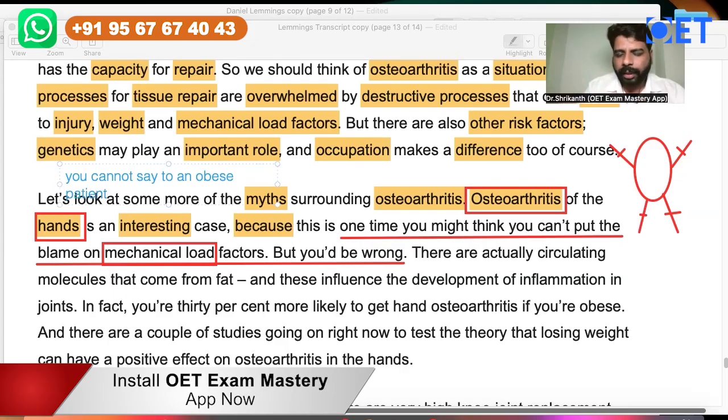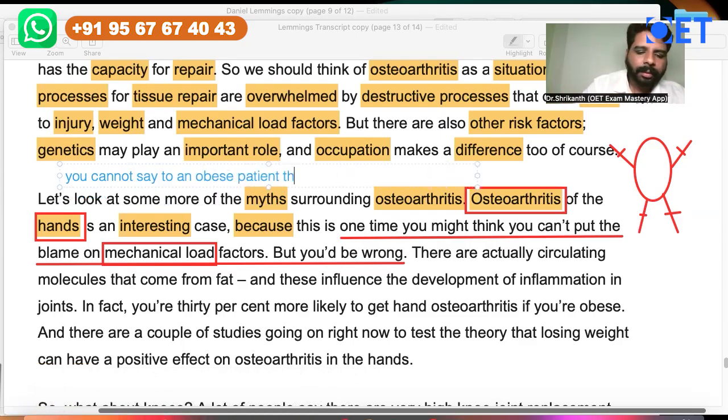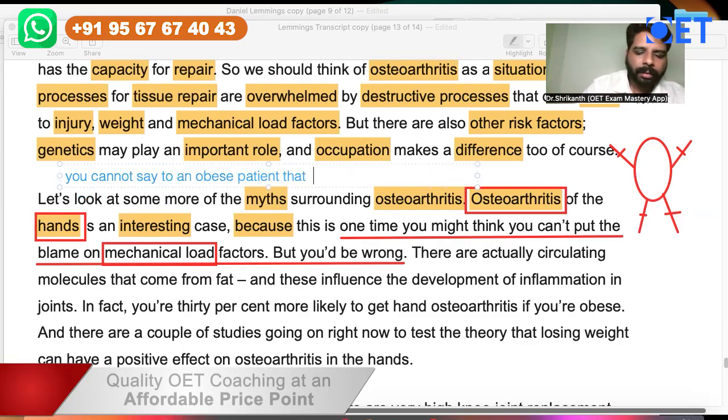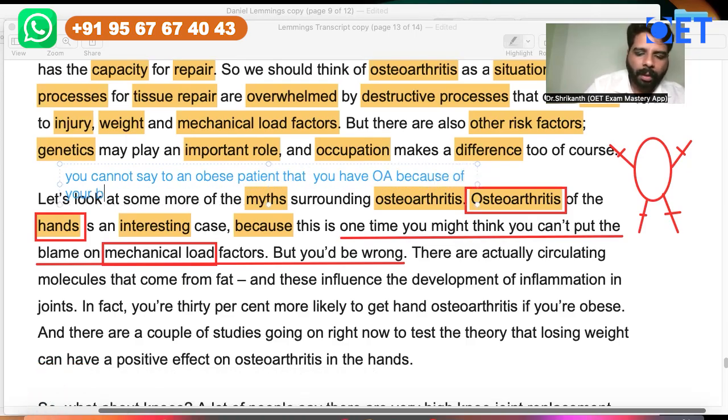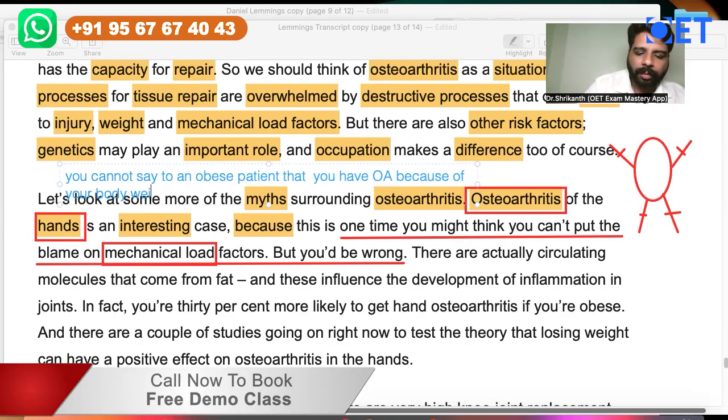You cannot say to an obese patient that you have osteoarthritis because of your body weight. So I'm trying to make it as simple as possible, because it's very, very tough English over here. Now, is it making sense to you?